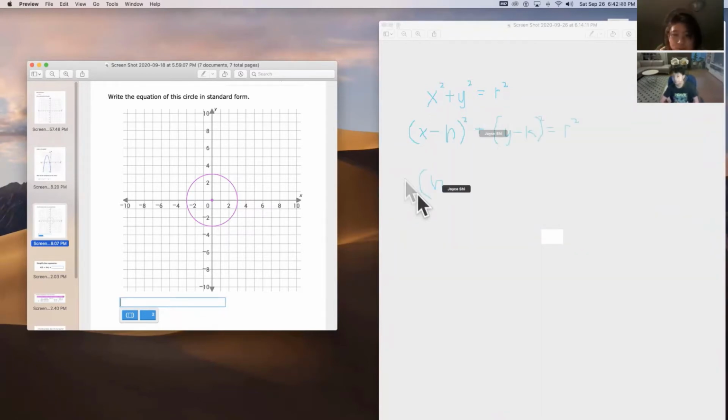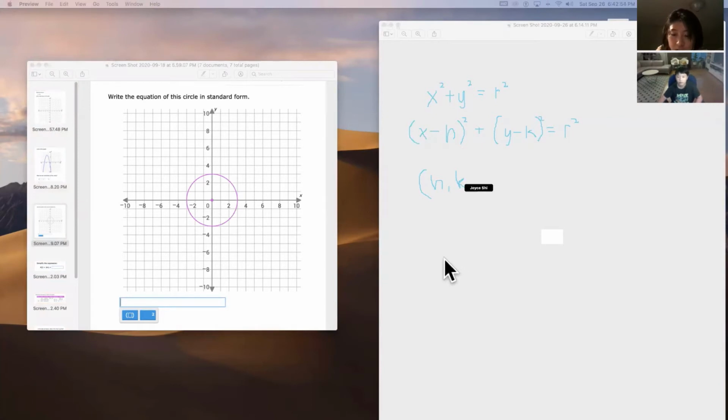Variables are kind of interchangeable. So h and k are just variables for the middle of the circle. H comma k for this circle would be 0 comma 0 because the middle of the circle lies at the origin. So h is 0, k is 0, so that's why this would be the standard form.